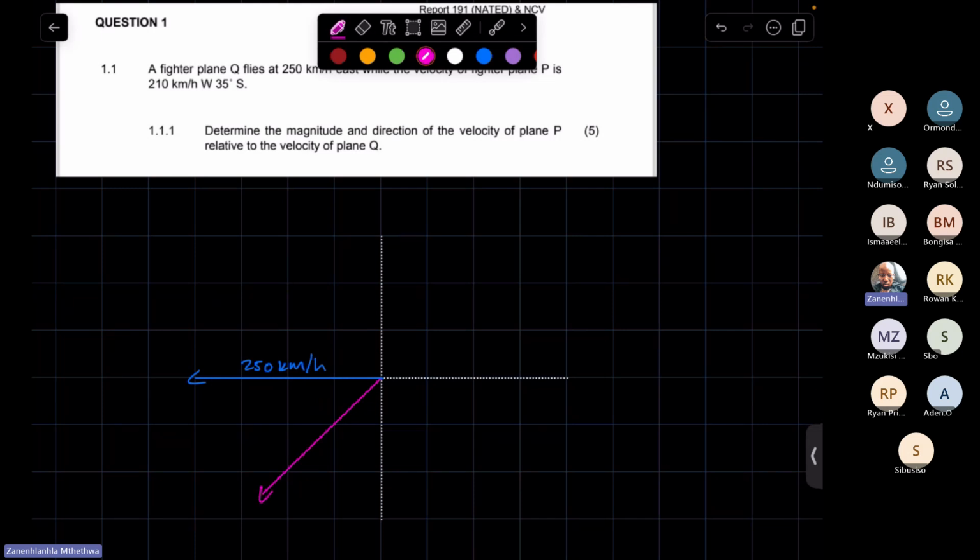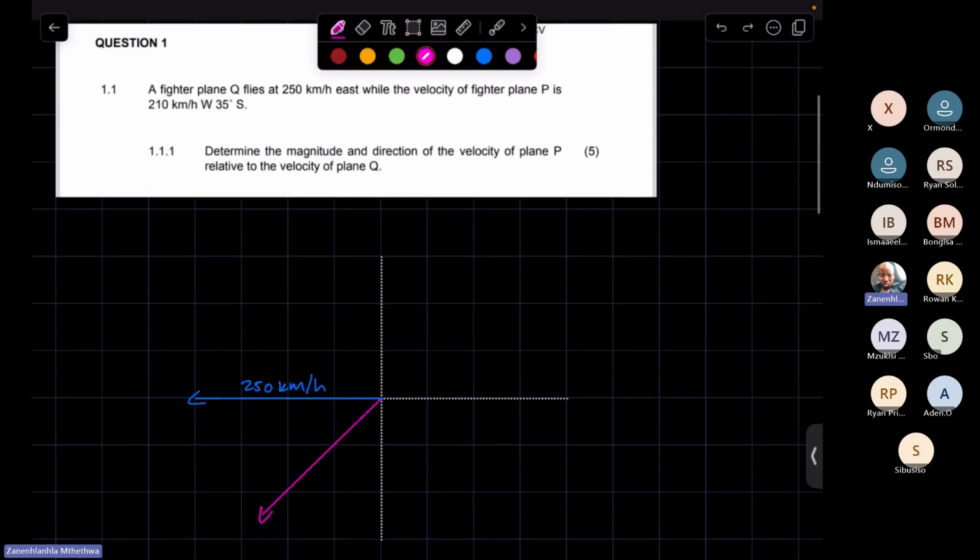So this direction being, I did something wrong here. What happened here? Okay, that's fine. So P is 210.